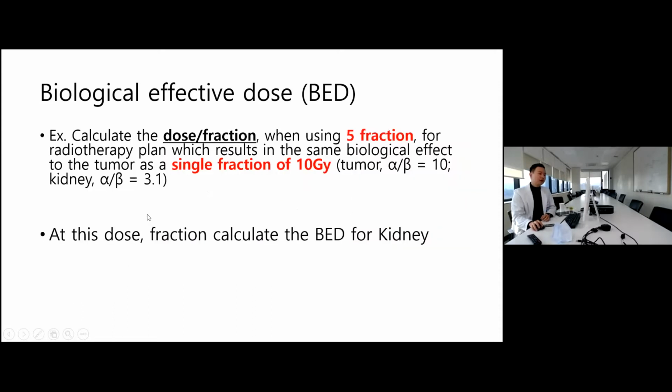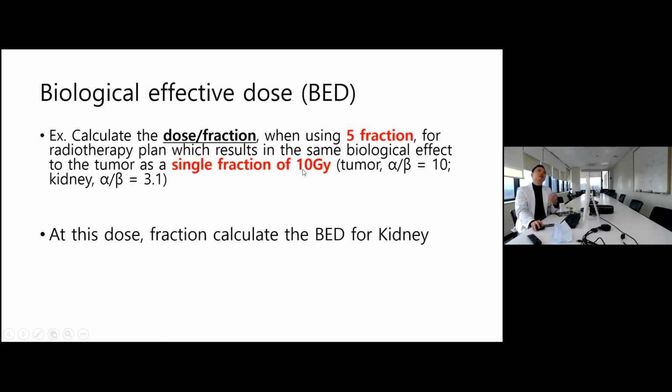Okay, so you can try a simple calculation of the dose per fraction. This is an example. You want to calculate the dose per fraction when using 5 fractions for radiotherapy to have the same biological effect as a single fraction of 10 gray.